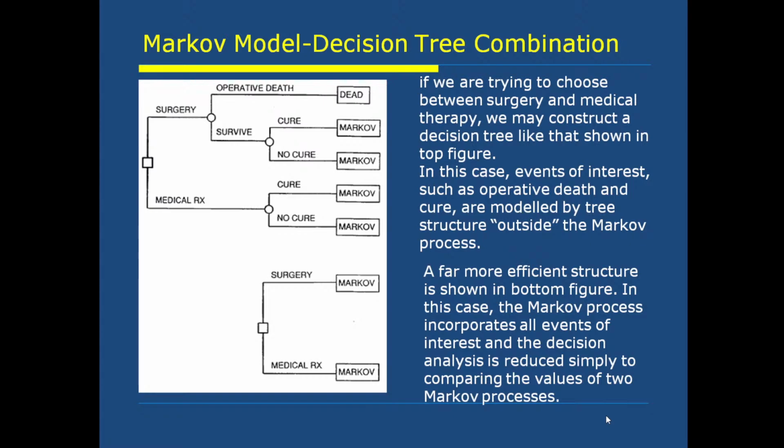A far more efficient structure is shown in the bottom figure. In this case, the Markov process incorporates all events of interest, and the decision analysis is reduced simply to comparing the values of two Markov processes.